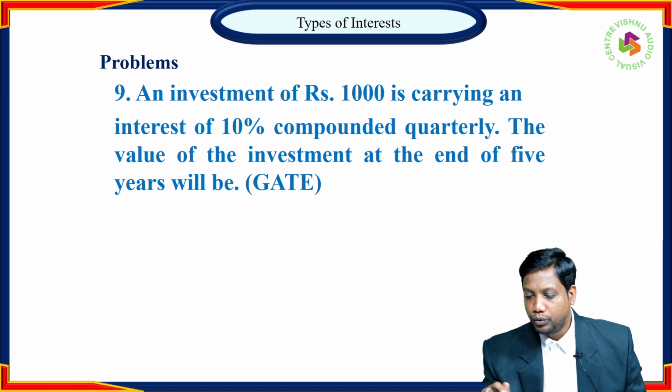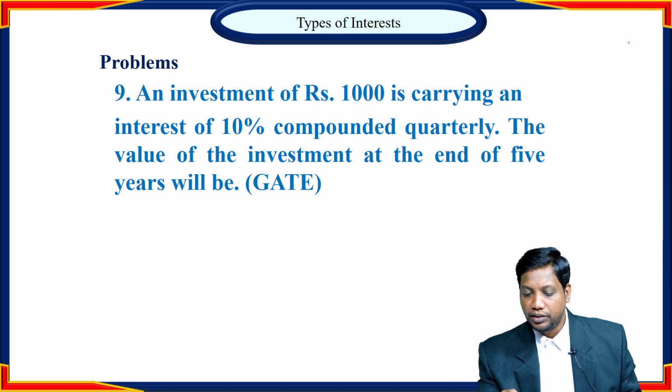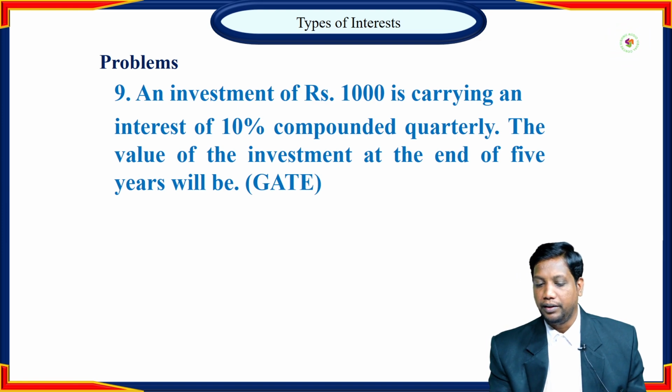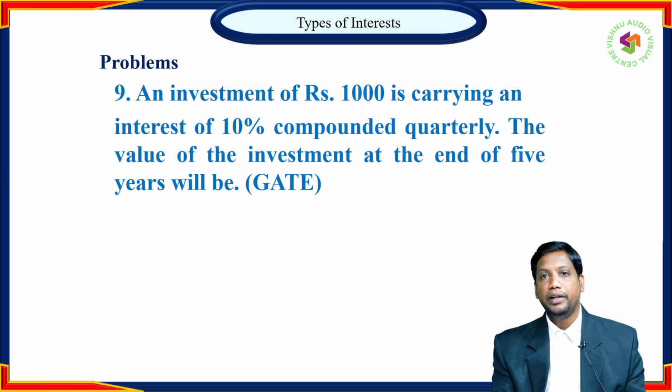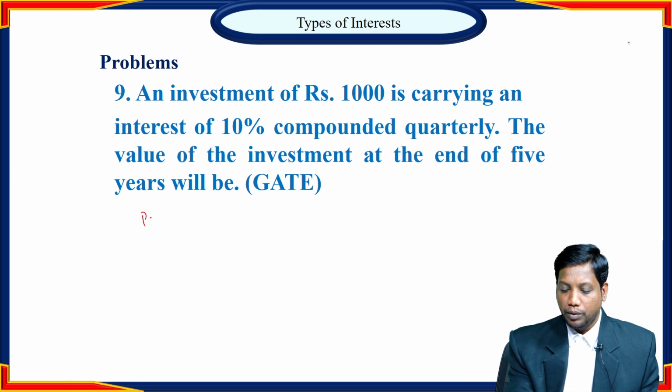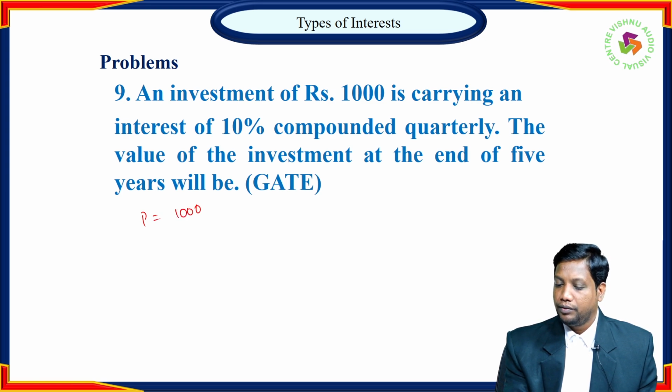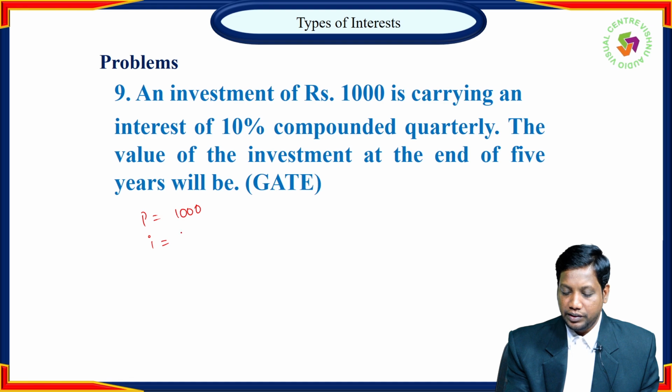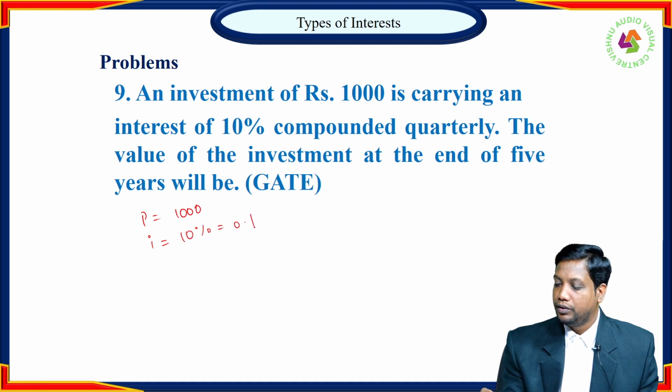An investment of rupees 1000 is carrying an interest of 10% compounded quarterly. The value of the investment at the end of 5 years will be? So how much amount will be available after 5 years? So here the principal amount is given as 1000 rupees, and the interest rate is given as 10%, that is 0.1.